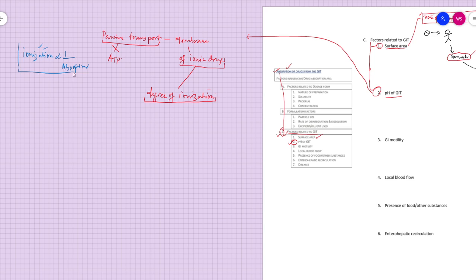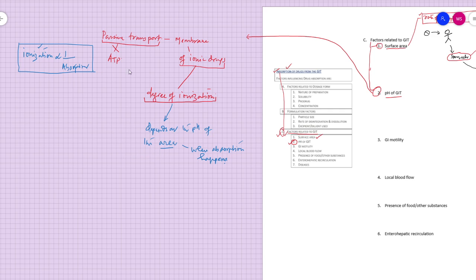Okay, so the passive transport across the membrane of ionic drugs depends on the degree of ionization, and this degree of ionization depends on the pH of the area where absorption happens.